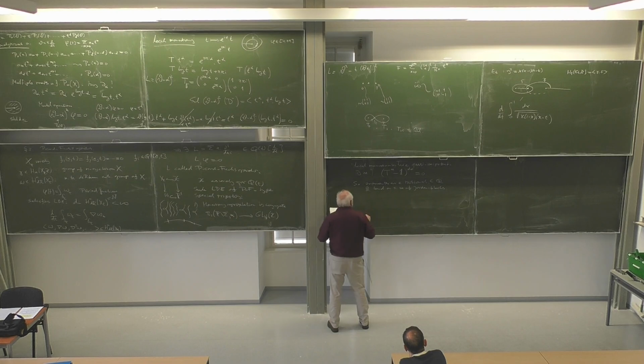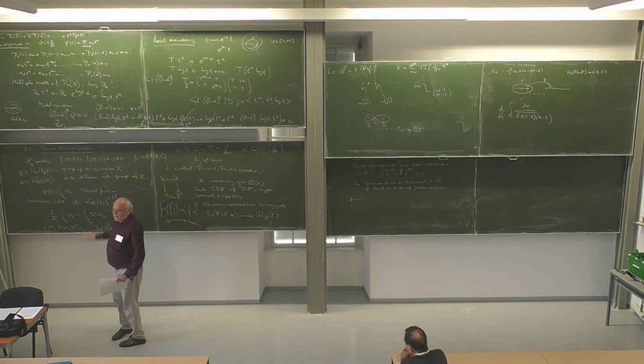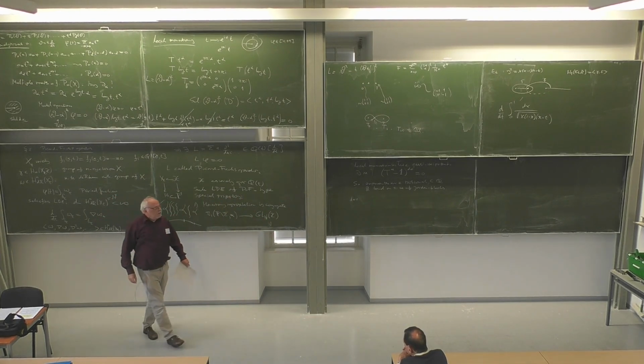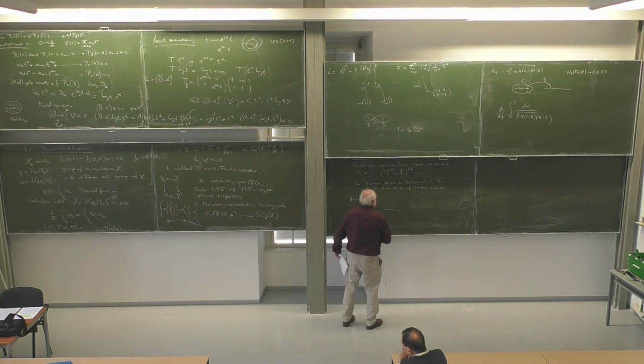If D is 0, if you have a family of zero-dimensional varieties, then you have the T line, and for each value of T you have finitely many solutions.